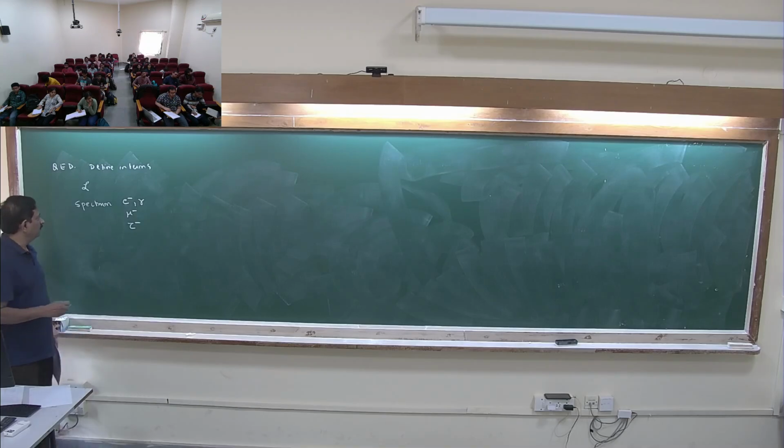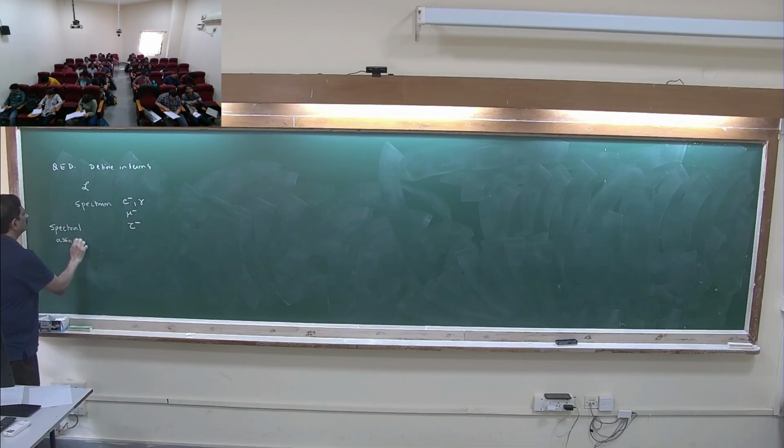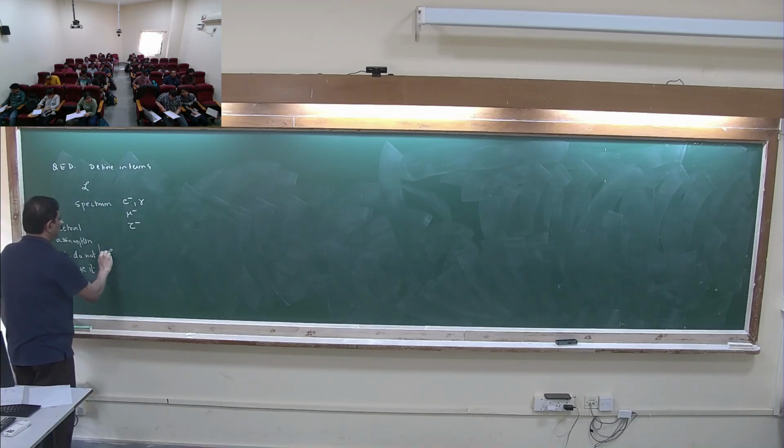So there is something known as the spectral assumption, that interactions do not change the spectrum. Which means that it should be possible to isolate a free part of the Lagrangian and an interaction part of the Lagrangian.